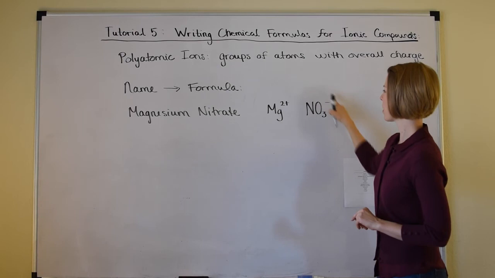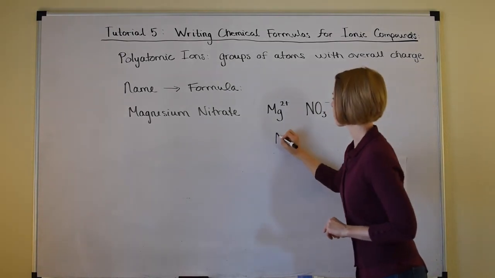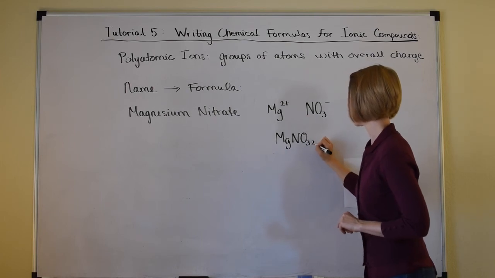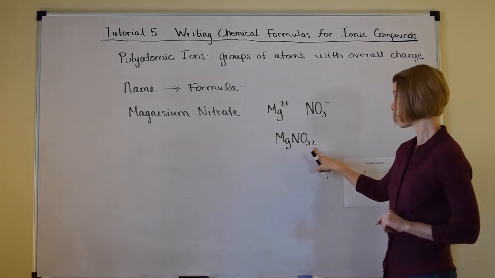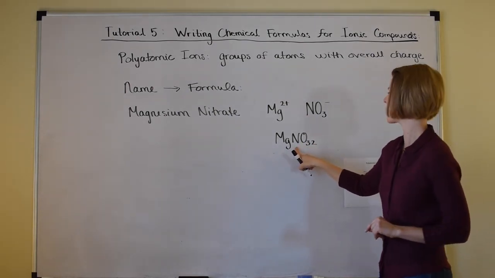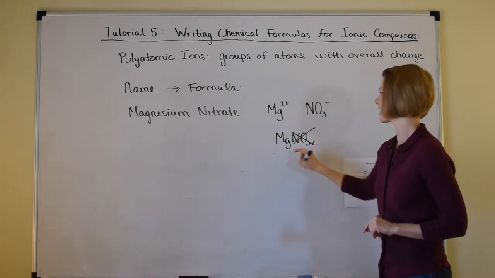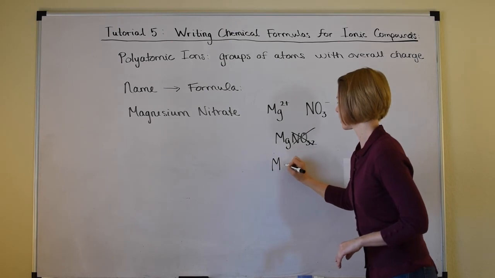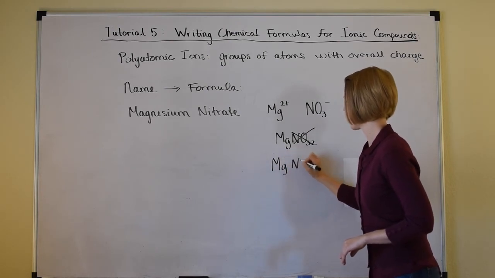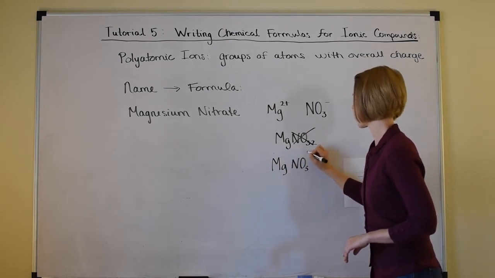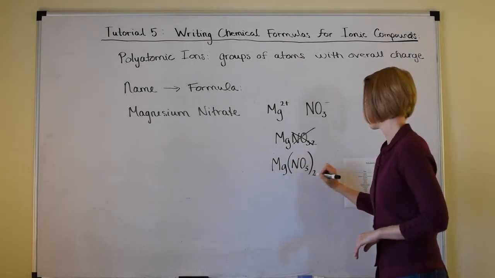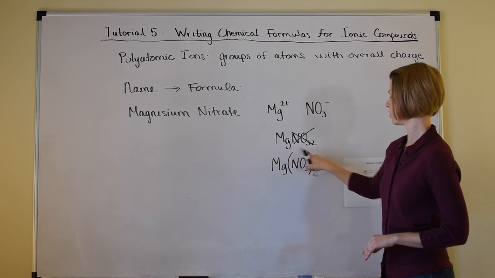Okay, so we're going to need a parenthesis here, because if we just wrote a 2 there, it would look like we had 32 oxygens and 1 nitrogen, right? And that is not the formula for nitrate, so that would be very misleading. So make sure you use parentheses here around nitrate, since you're trying to say that there are 2 of this whole unit here, 2 nitrates.